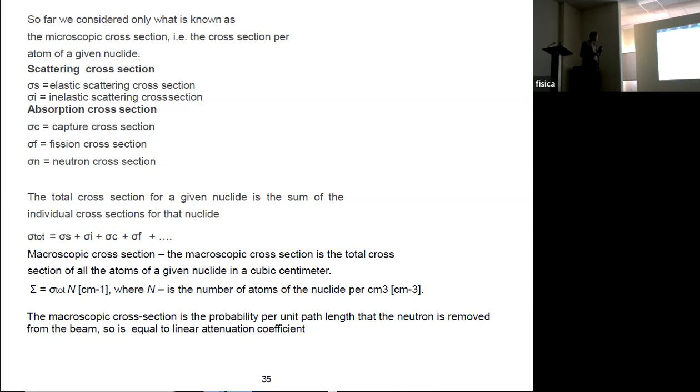It's also in units of inverse centimeters, with the concentration of atoms expressed in atoms per cubic centimeter. The macroscopic cross section is the probability per unit path length that a neutron is removed from the beam. You have a narrow beam of neutrons; some of them are scattered, some of them are absorbed. So you have the same exponential equation.